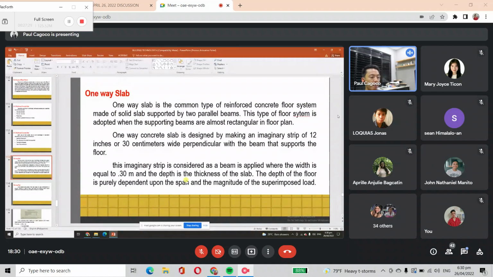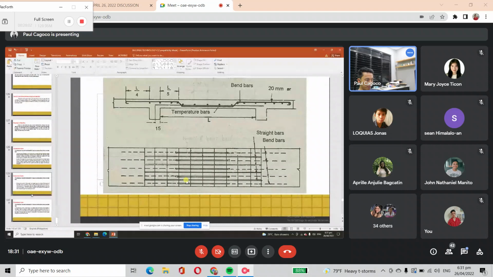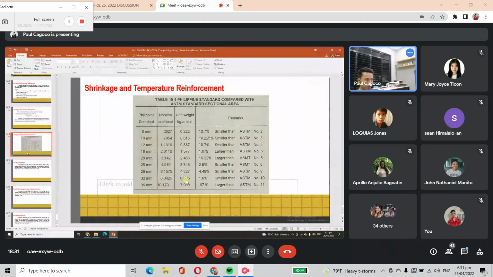So kani siya gigamit sa iyang designing. So imaginary strip. So ayaw ninyo i-apply ang imaginary strip sa imong bent bars. So bent bars is different from the imaginary strip nga 0.30 meters or 30 cm. Mao na galibog mo sa computation.